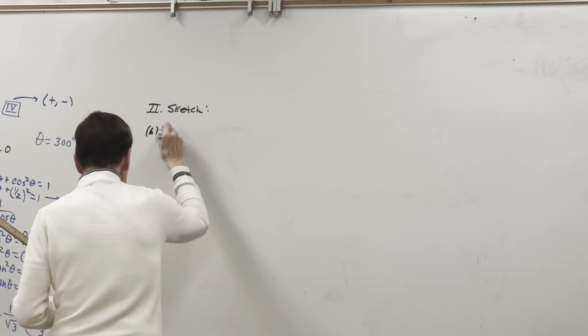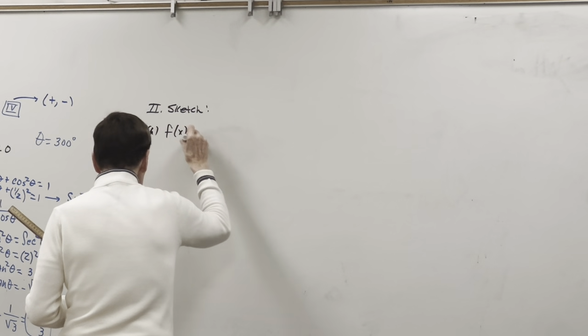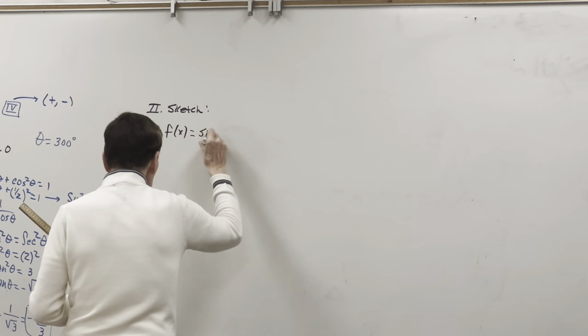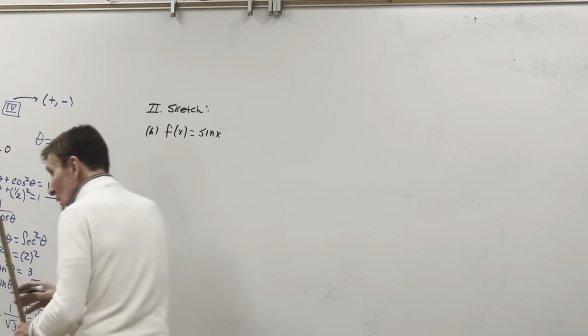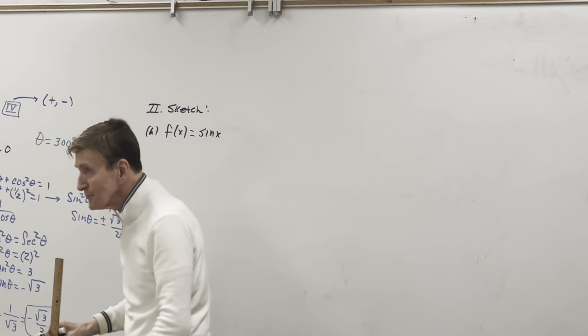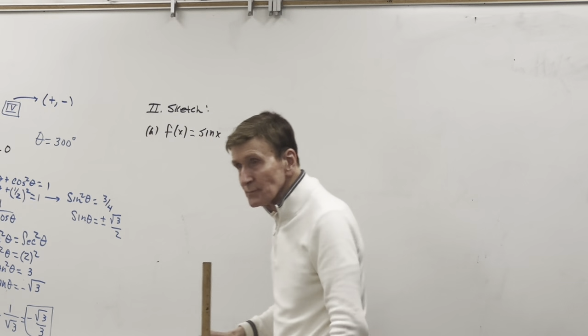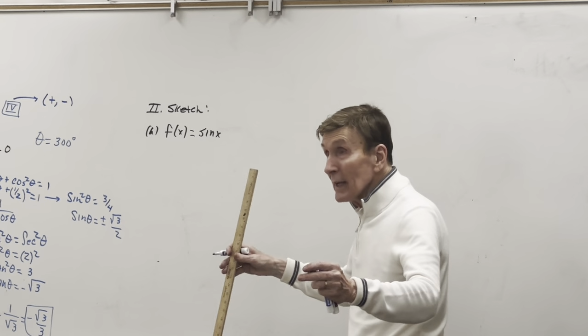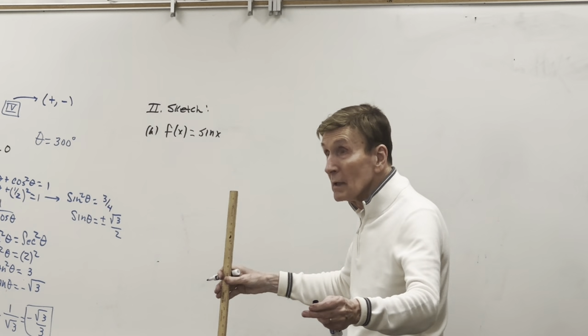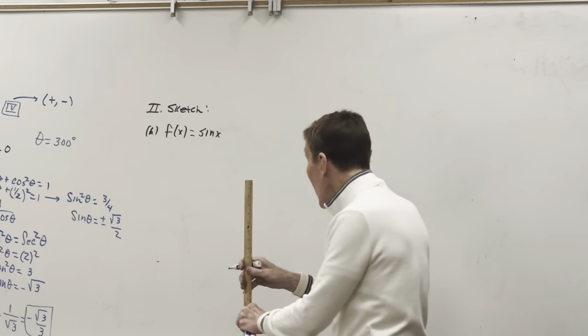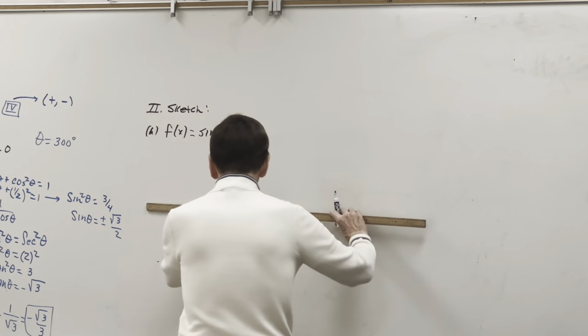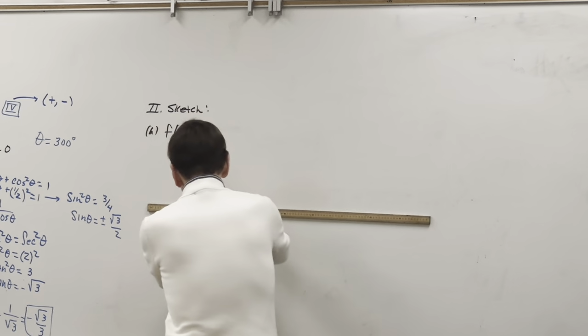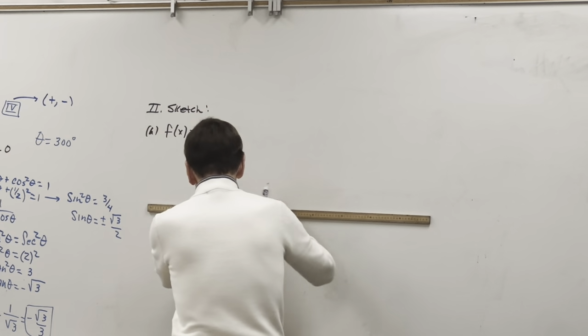Guys, I'd like to start out with this function. I'd like to know what on earth that function looks like sketched. It's sine x. All I know about right now, the definition is y. Well, first, I think you will like this.